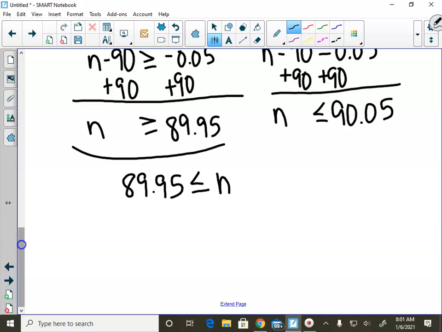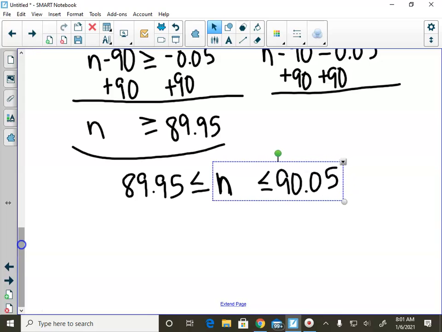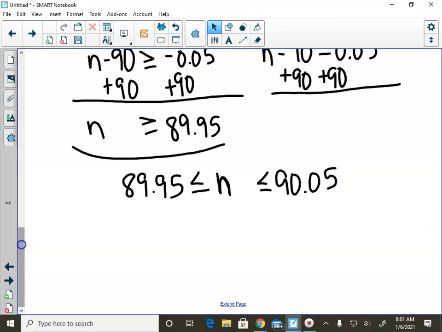Okay, and then what we can do is we can bring this one down. You remember doing this, and then we match up the ends, and there we have our absolute value inequality solved out so that we have a range. Again, because we have the less thans, this means that this is going to be an and graph.